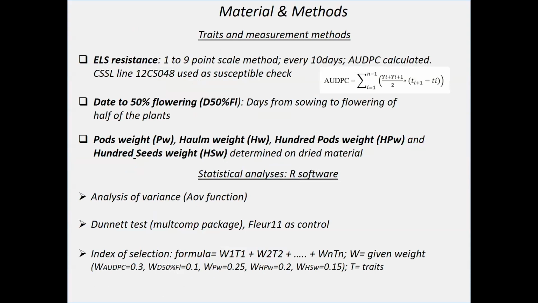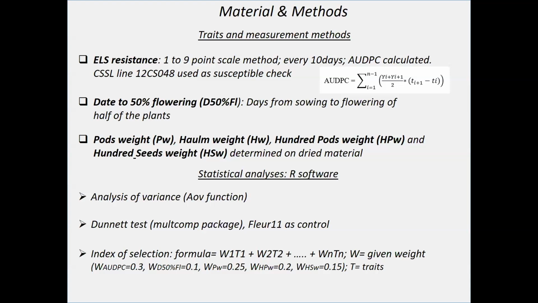For the evaluation, we assessed early leaf spot resistance using the 1 to 9 point scale method by Subrahmanyam. Disease resistance was evaluated every 10 days from the appearance of the first symptom. We also used the scores obtained to calculate the area under the disease progress curve.